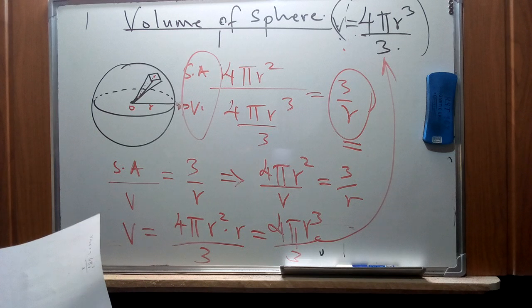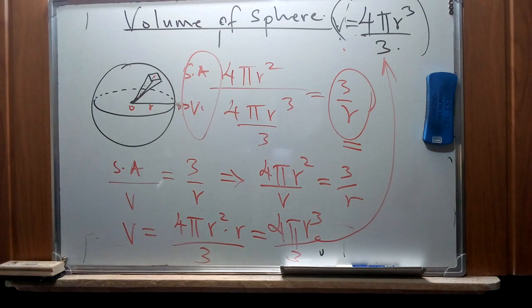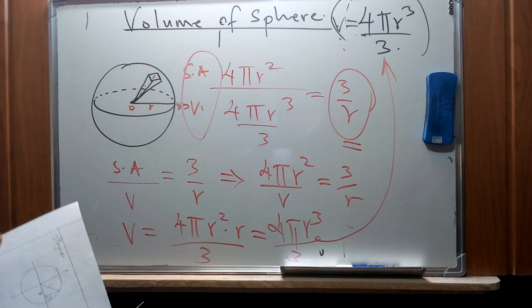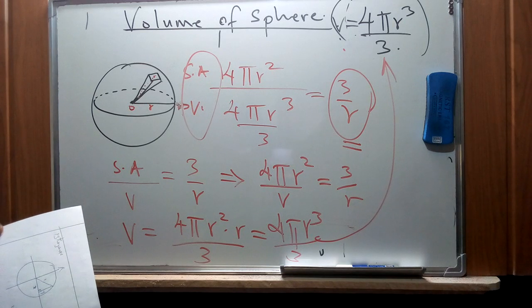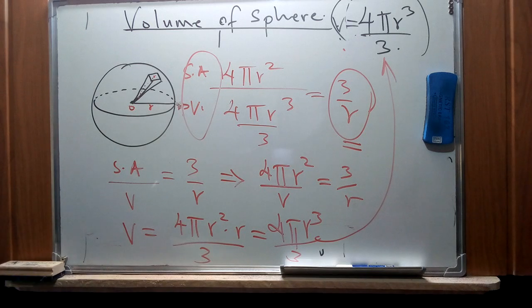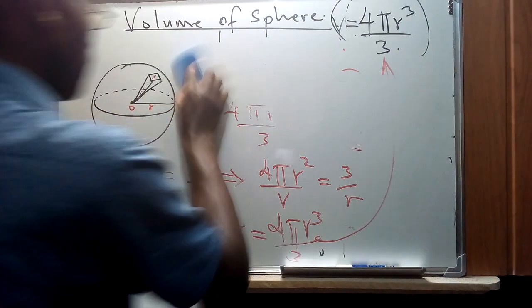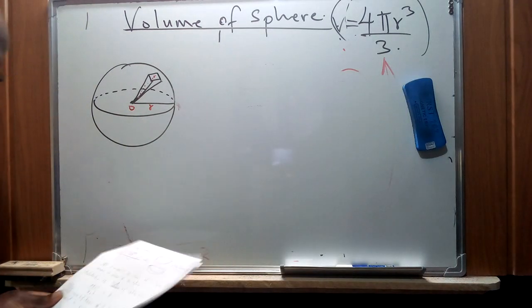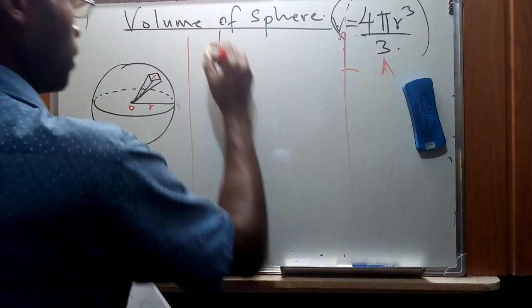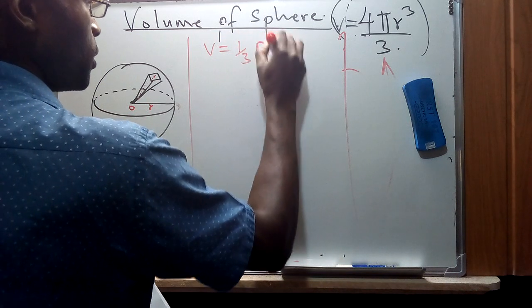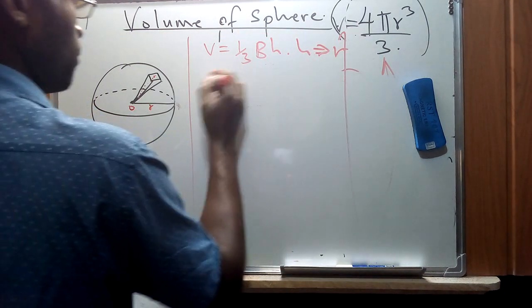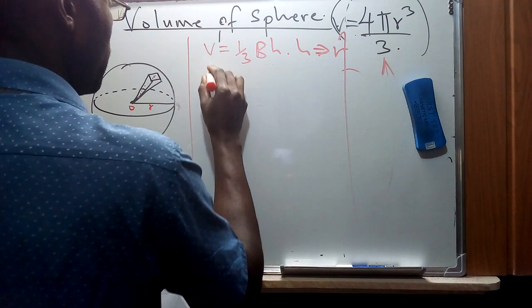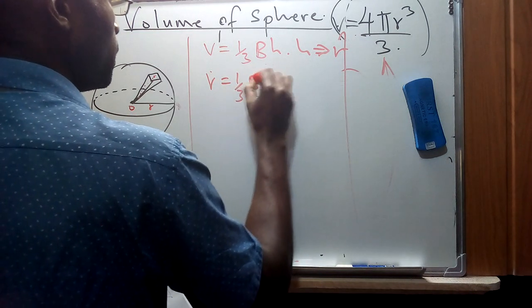So in looking at this relationship from the concept of a pyramid that we have stated, therefore we are going to see that there's a general relationship which I'm going to illustrate, which is, as we said, the volume of the pyramid equals a third Ph, where h implies r, therefore V equals a third Pr.